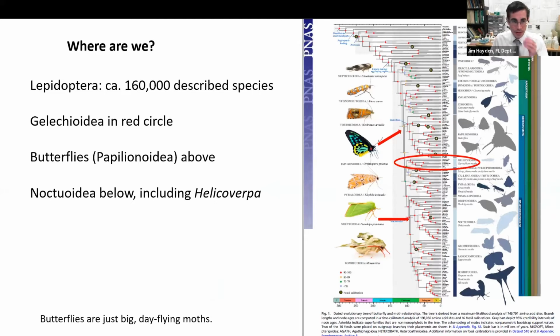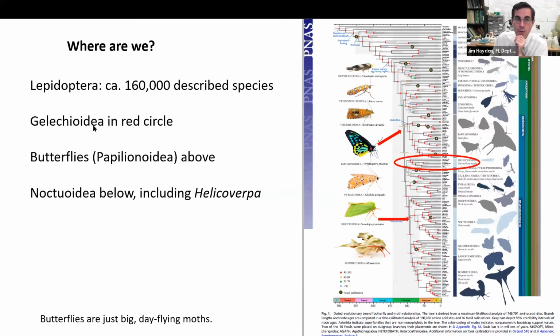So I'll go on to the next thing. Where are we in the big tree of life? To orient you all with Lepidoptera, this is one of the largest radiations of insects, with about 160,000 described species. And here's a big phylogeny of it. Tuta absoluta belongs to the family Gelechiidae, which is in this red circle here.